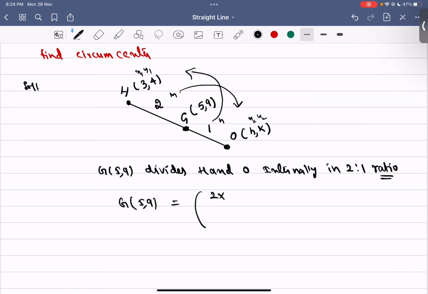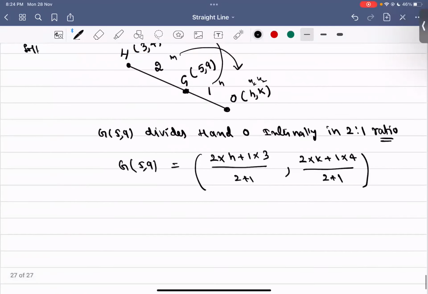Therefore, 2 into x2 is h, plus n, which is 1, into x1, which is 3, by m + n, that is 2 + 1. And my2 is k, plus ny1, 1 into y1 which is 4, by m + n. So (5, 9) is equal to ((2h + 3)/3, (2k + 4)/3).